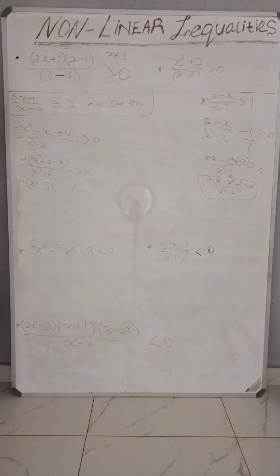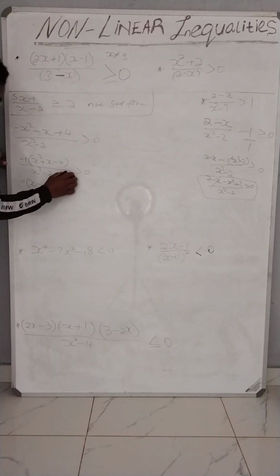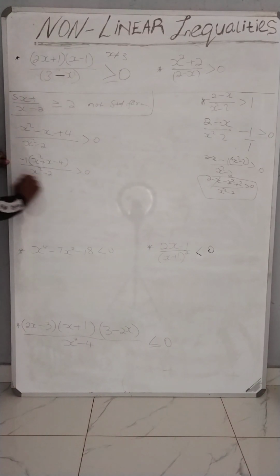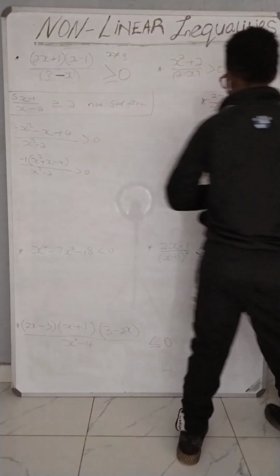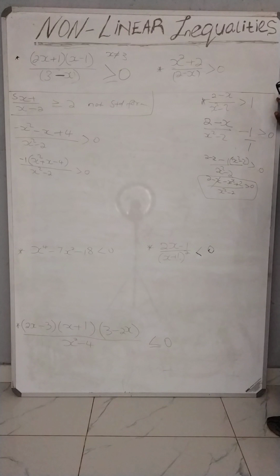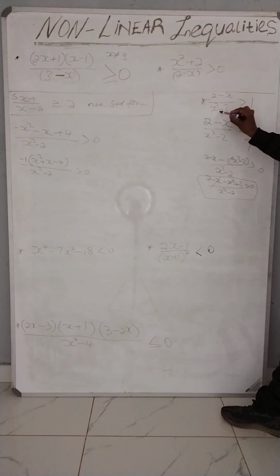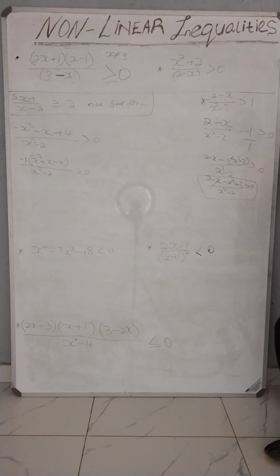And then this side, let's see if we can take it back. If we can't factorize it further, let's look at it from the beginning. Maybe we missed something from the beginning. Can we factorize x squared minus 2 before we go any further?